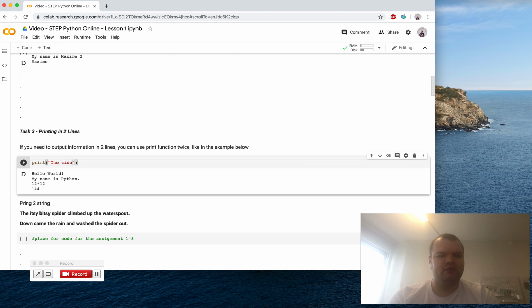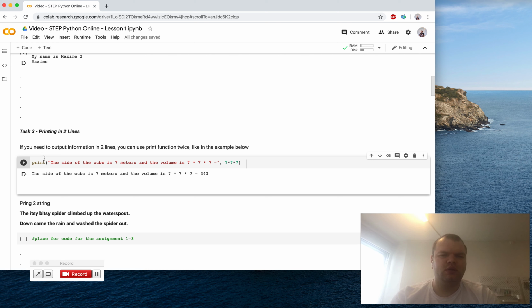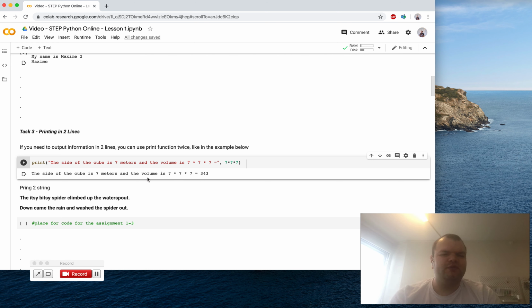The side of the cube is 7 meters, and the volume is, so you can still print like 7 times 7 equal, and in this case you can still calculate, but it's easier to write it like this, 7 times 7. And here you have the whole line. So the first part is a string, the second part is a number.